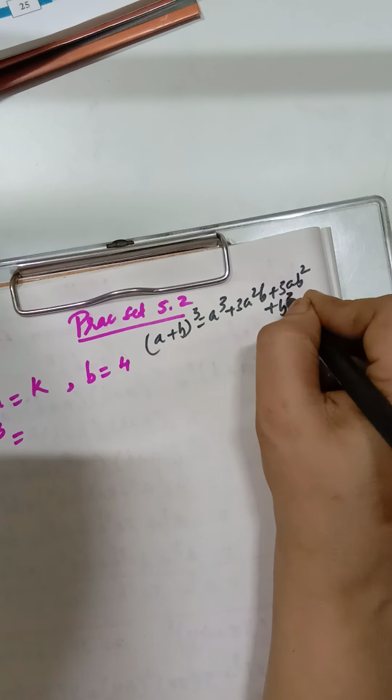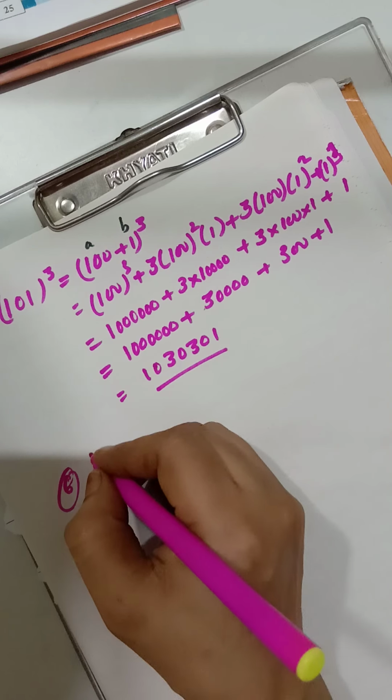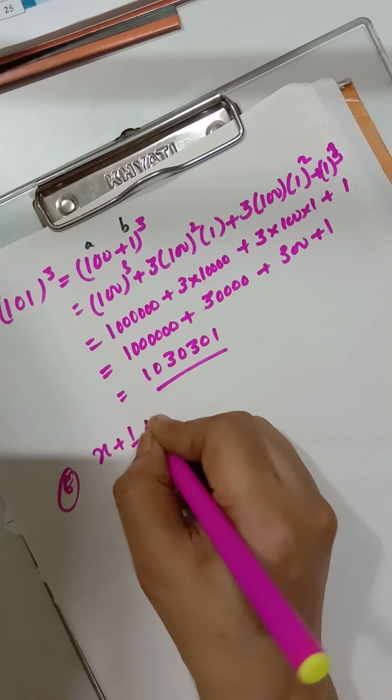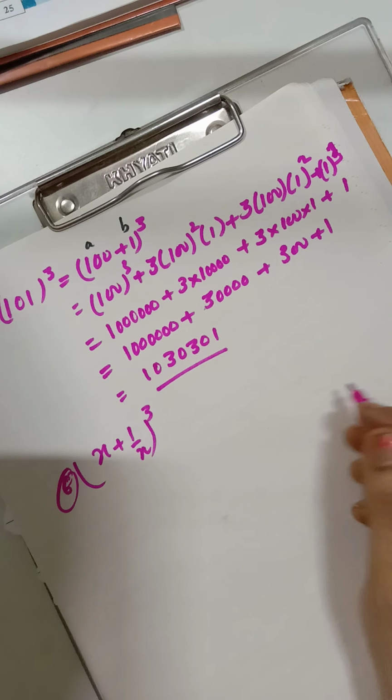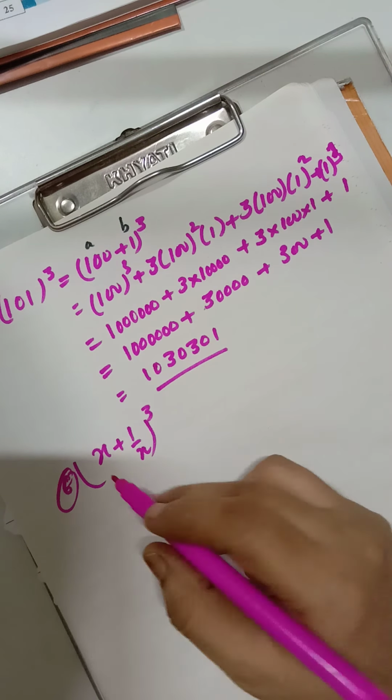Now let us do the sixth sum, that is x plus 1 upon x the whole cube. Okay, x plus 1 upon x the whole cube. Now this I can write as, again children, here your a is equal to x, b is equal to 1 upon x.